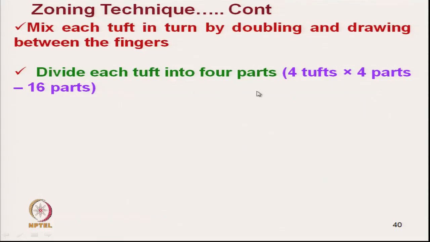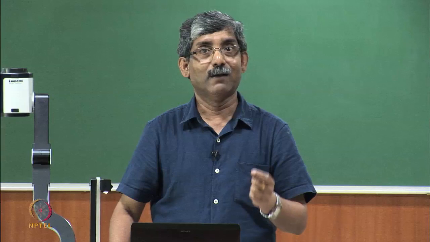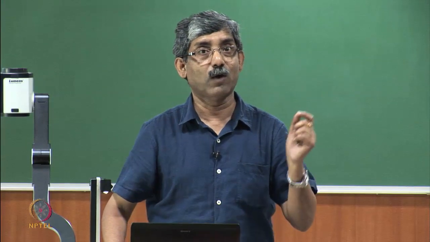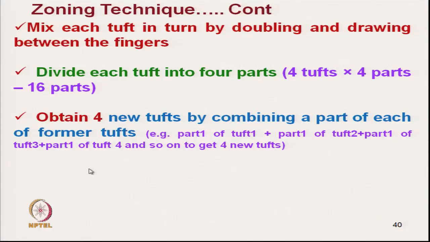Divide each tuft into 4 parts. Obtain 4 new tufts by combining a part of each of the former tufts. As for example, part 1 of tuft 1, part 1 of tuft 2, part 1 of tuft 3 and part 1 of tuft 4 are mixed together. Similarly, part 2 of tuft 1, part 2 of tuft 2, and in this way we are mixing.